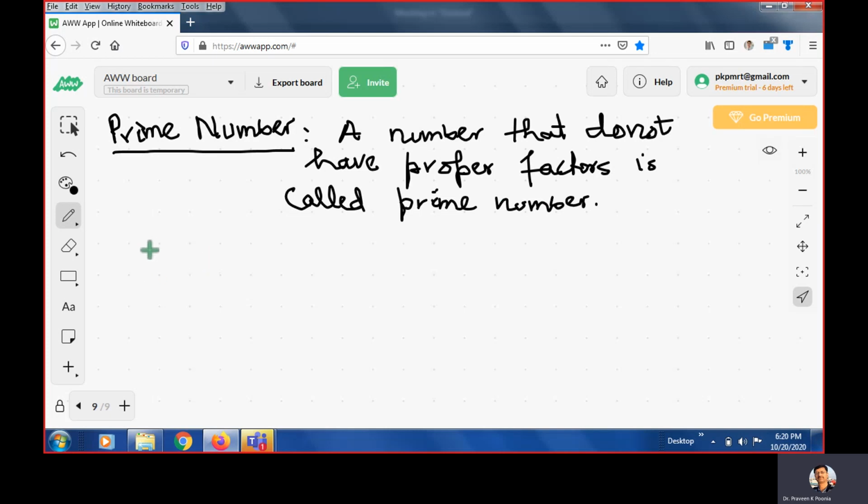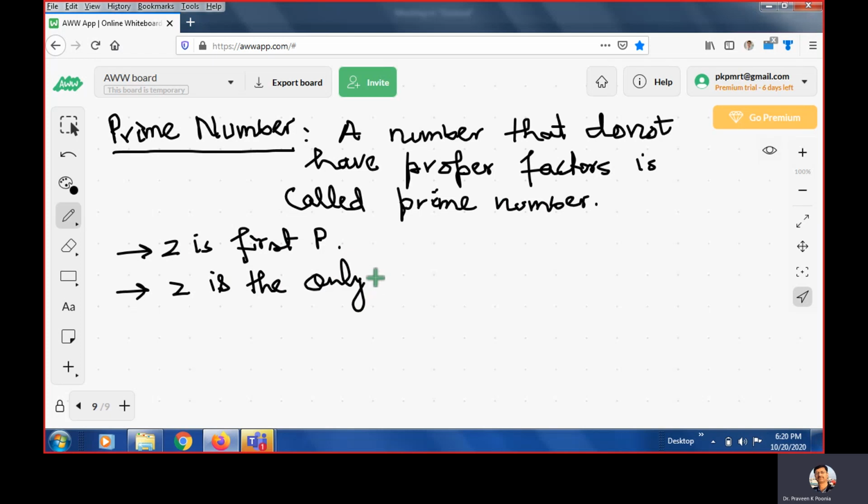For example, clear? And one more thing I will tell you, 2 is the first prime number. We can write it: first prime number. 2 is the only even prime number.